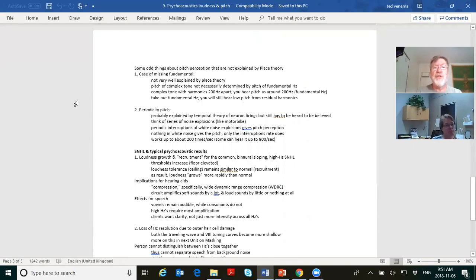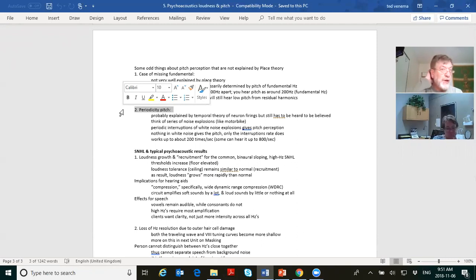So here's the two odd things about pitch perception that are not well explained by the place theory: the case of the missing fundamental and periodicity pitch. So have a read of that yourselves and just make a note on your notes that this is Rutherford's theory, and these two phenomena are better explained by his theory than by the place theory.